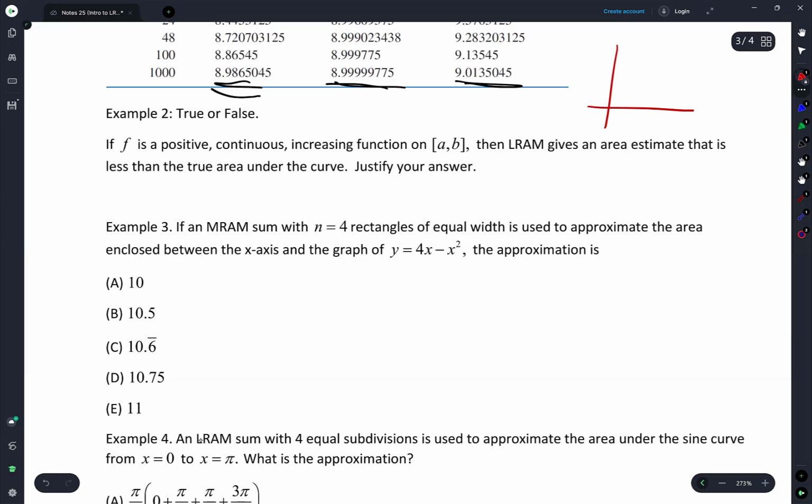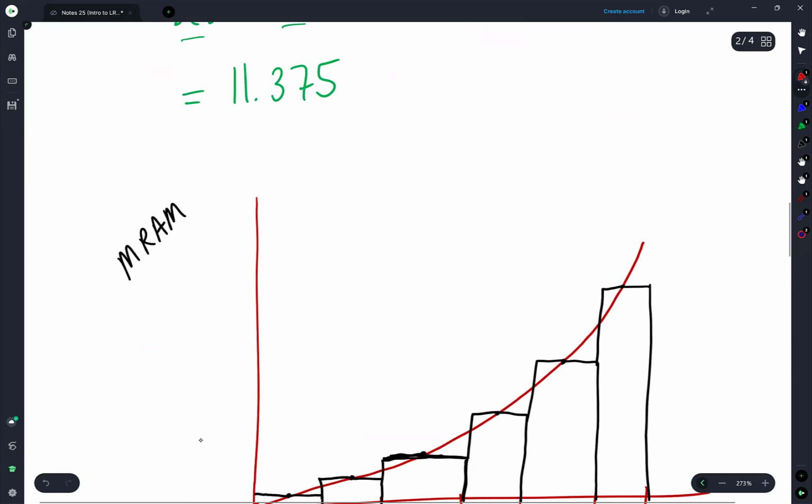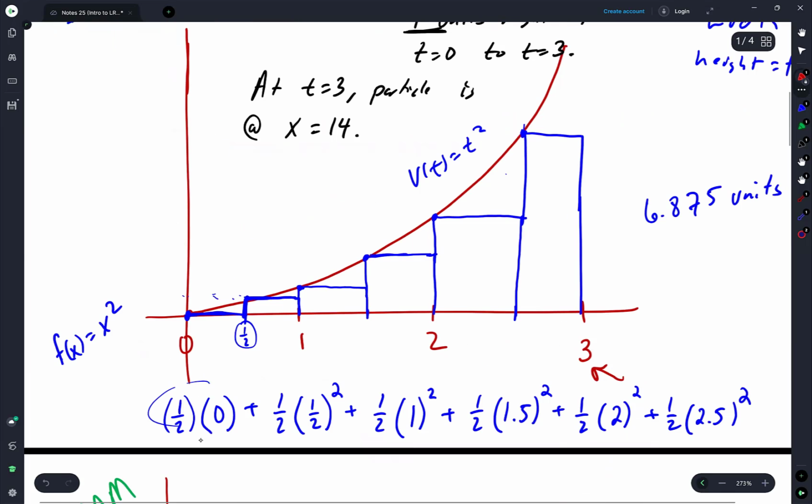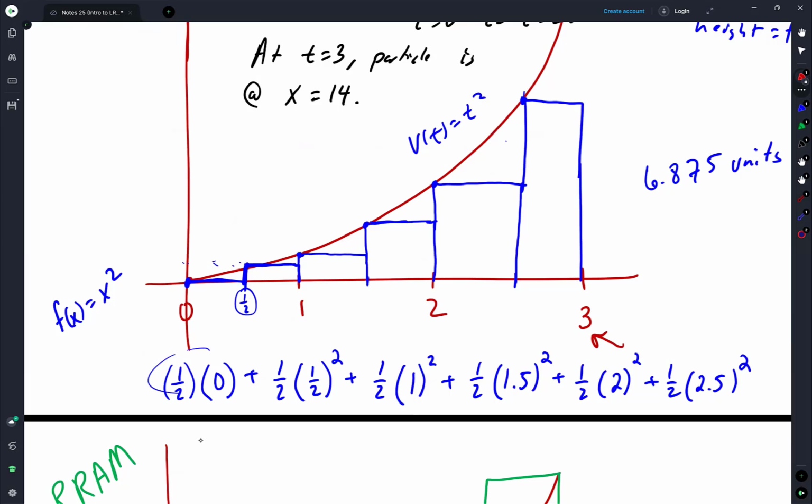Okay, here it is. I'm just creating it. Positive continuous increasing. If I have a graph that looks like that and I do LRAM, well, isn't that what we just did right now? Look, this is a positive continuous graph and I did LRAM. And when I did LRAM, did I get the exact area or area less than? What did I get?